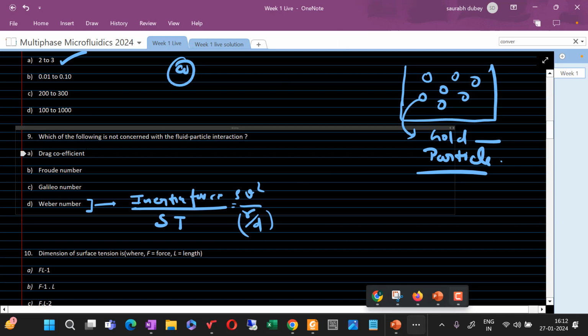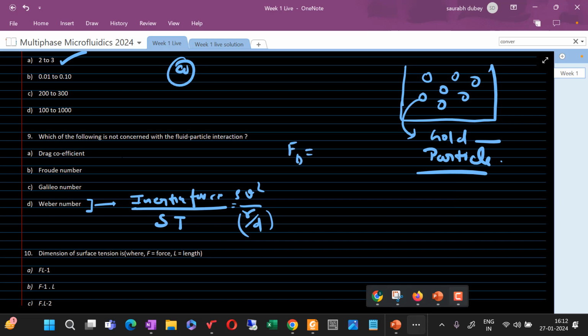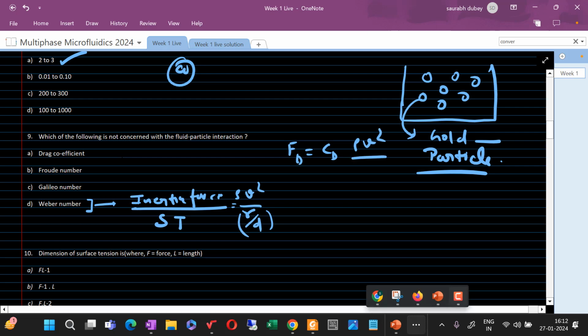In the drag coefficient, we see Fd equals Cd rho v square divided by 2. This is there when drag is happening on a solid particle, so this will not be the answer because it involves the fluid particle interaction.